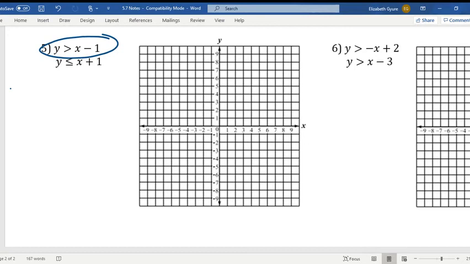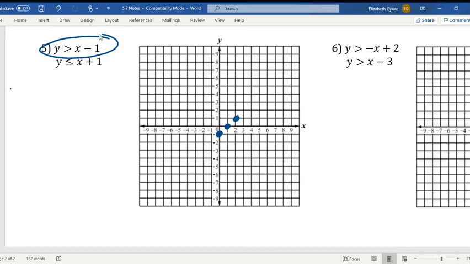Alex, what do you think my y-intercept there is? That's okay. What kind of a 1? -1. So put a dot at -1. And then there's nothing in front of my x here. So we have a slope of just 1. So count up 1 over 1.